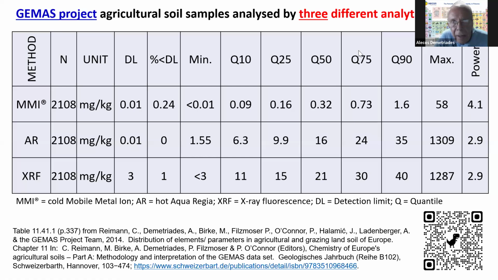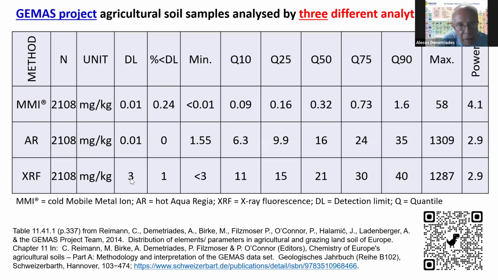Now, here I just show you the results of the agricultural soil samples, which are from the GEMAS project. They have been analyzed by 3 different analytical methods. The MMI is a cold analytical method. The AR is a hot aqua regia method, and of course XRF.